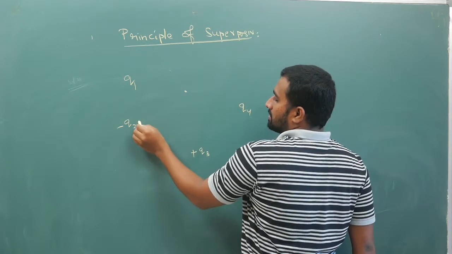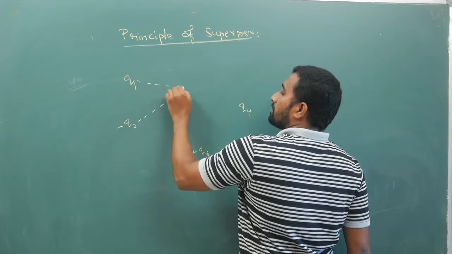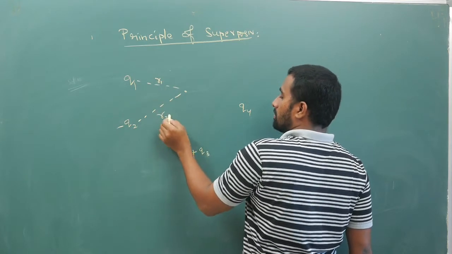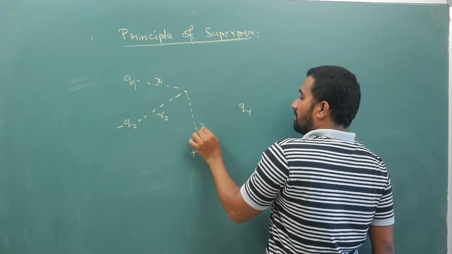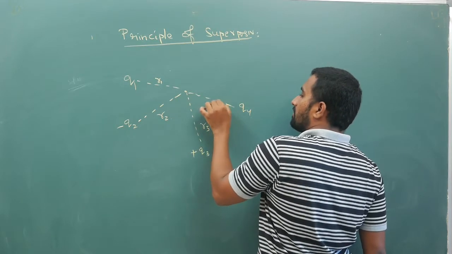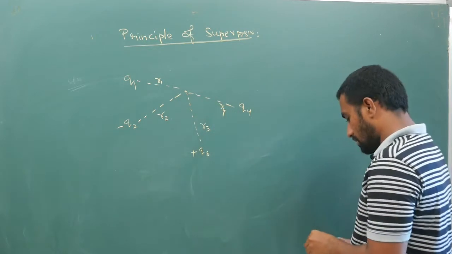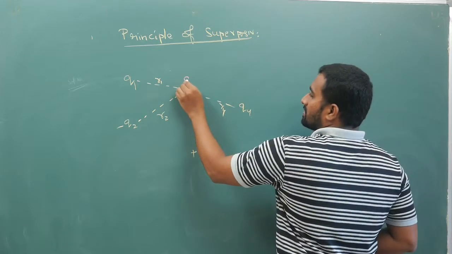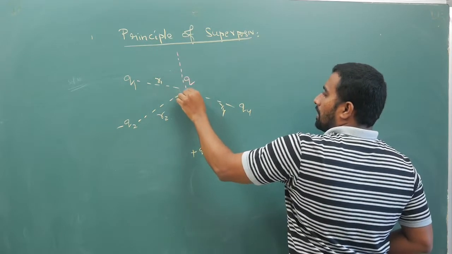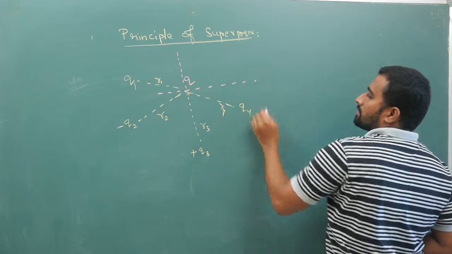Let us say there is some point here; the distances are r1, r2, r3 and r4, and you have a test charge q like this, and your axis is like this.